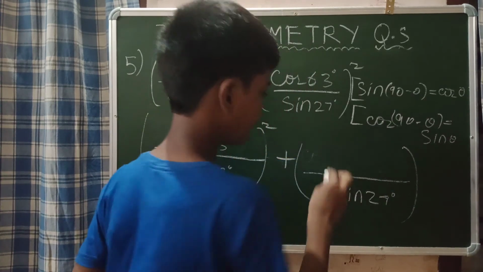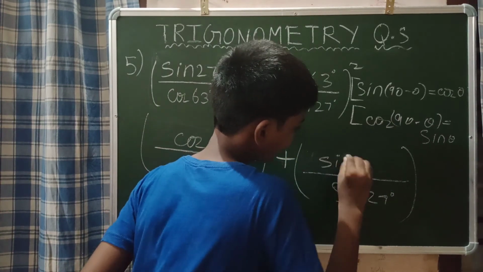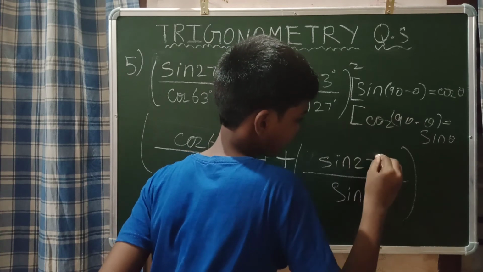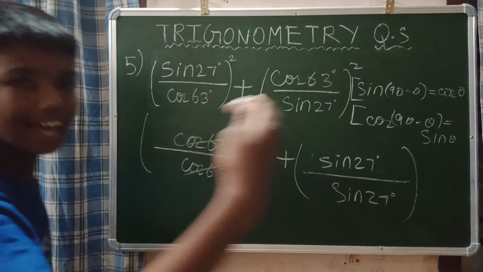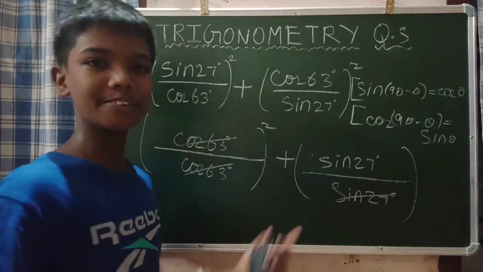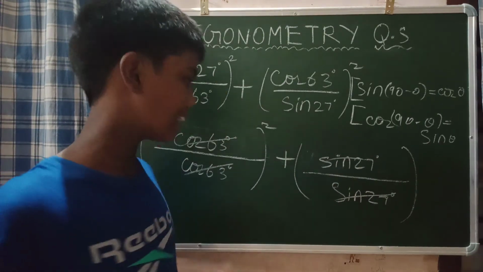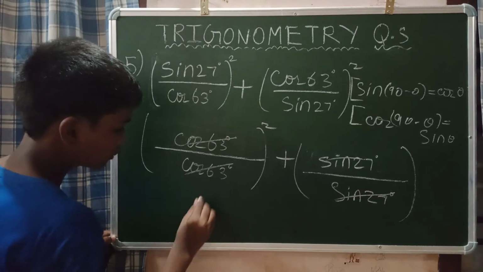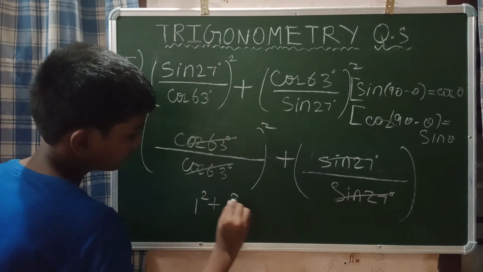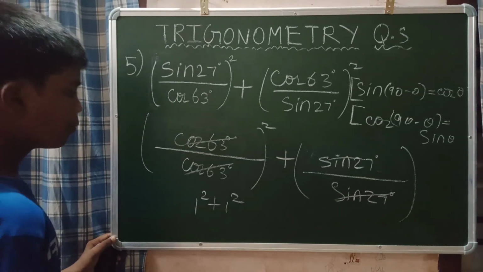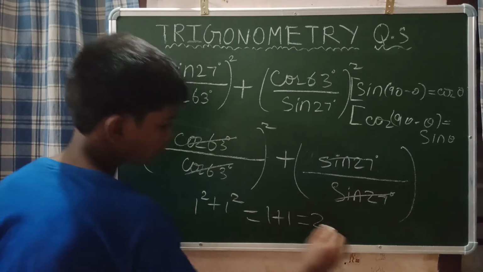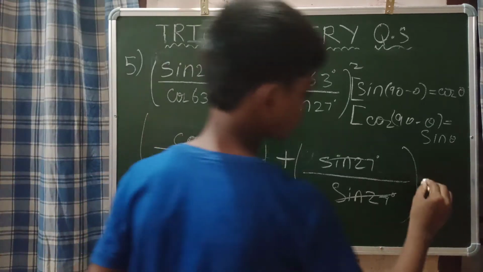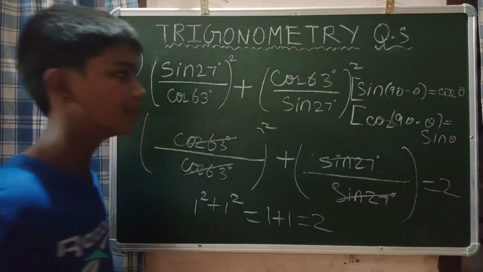Now clearly see that cos 63 degree and cos 63 degree will directly cancel, and sin 27 degree and sin 27 degree will directly cancel, and the answer is 1 square plus 1 square. Now it is equal to 1 plus 1 is equal to 2. The answer for this question is 2.